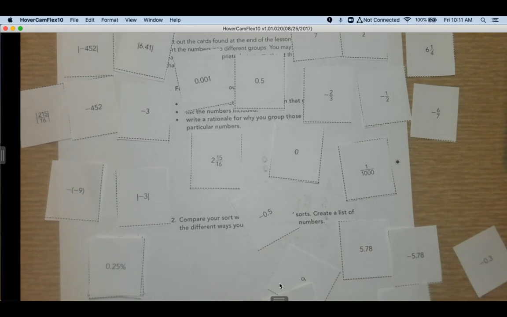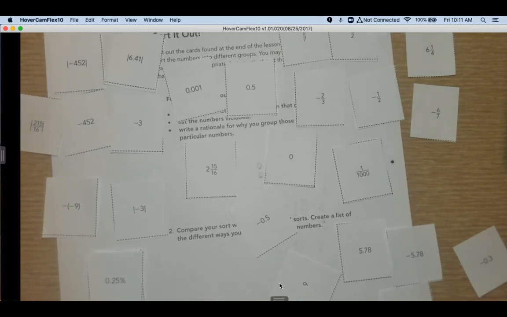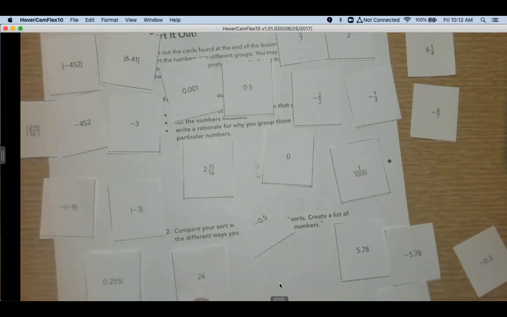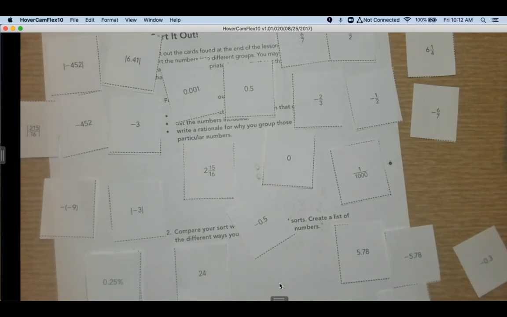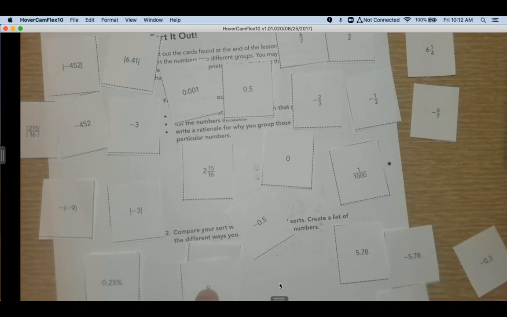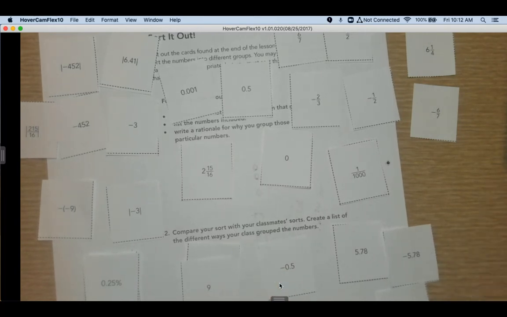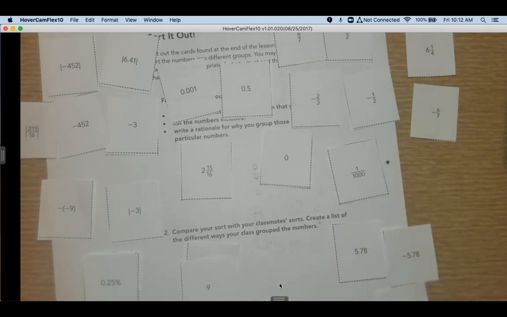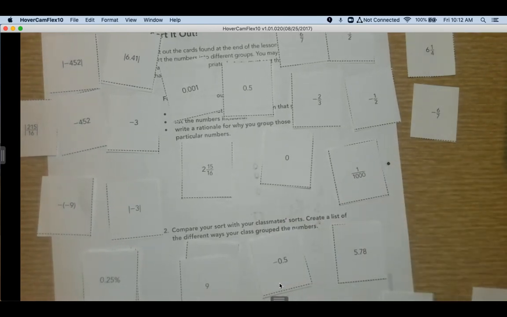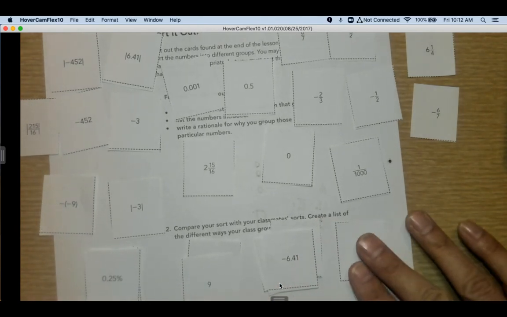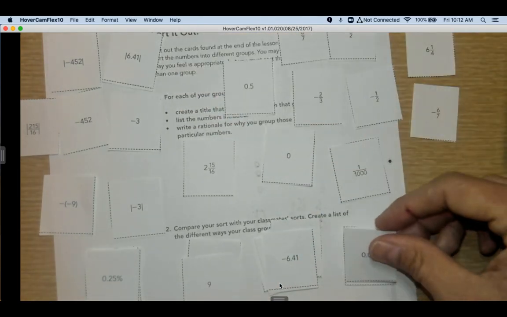All right. Then I'm looking here and I see I have positive whole numbers. So I'm going to put 9 and 25 together. I have negative decimals, and so I'm going to put those together. I have positive decimals.